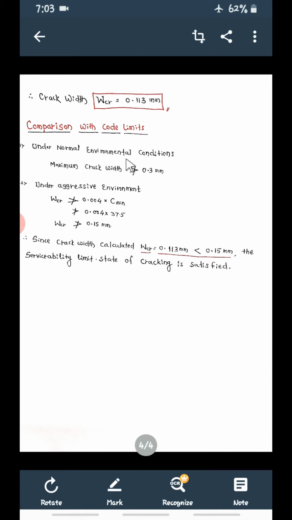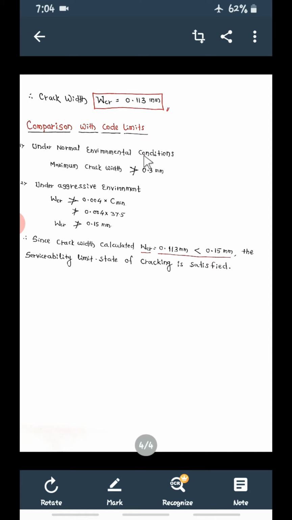Under normal conditions, what does the code say? The calculated crack width, WCR, should not be greater than 0.3 mm for normal environmental conditions.